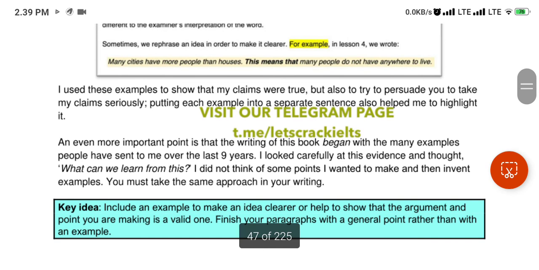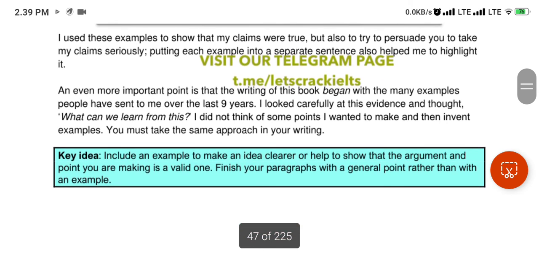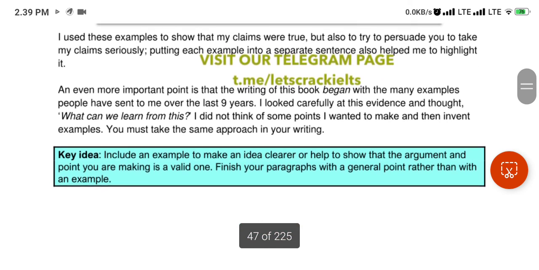I used these examples to show that my claims were true, but also to persuade you to take my claims seriously. Putting each example into a separate sentence also helped me to highlight it.